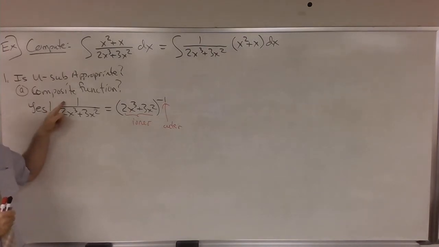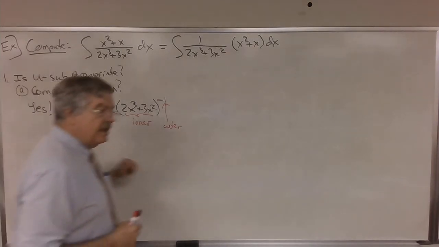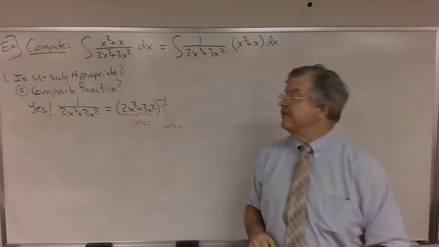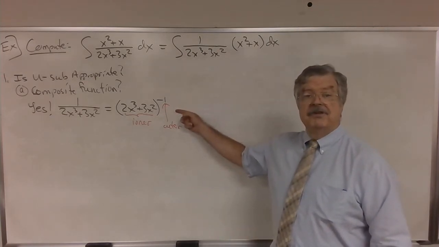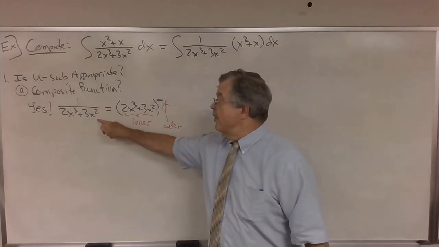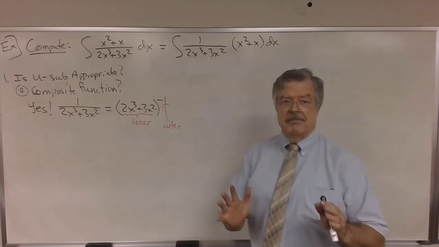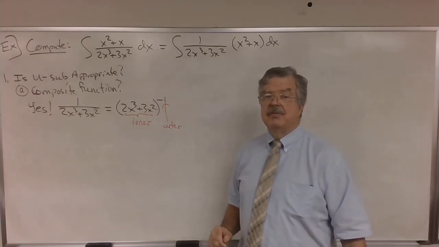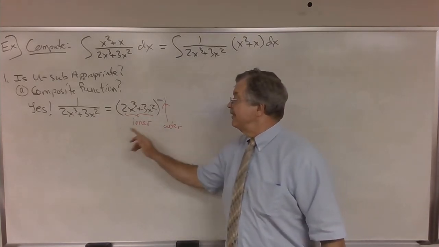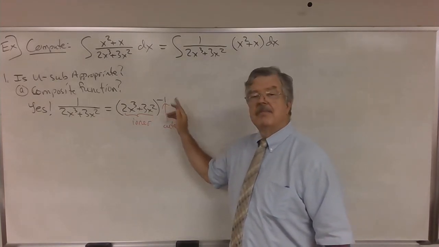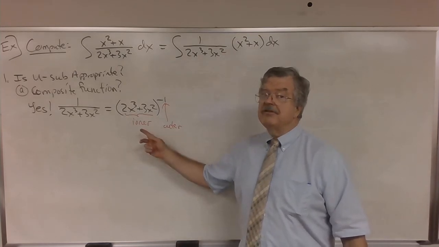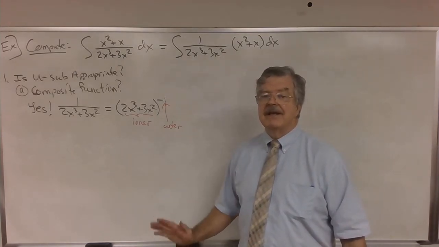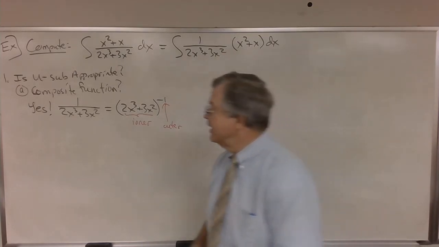And this is worth remembering. Anytime we have 1 over a function, that's a composite function. Now, we didn't really know that before, but we see it now. 1 over a function is a composite function. And our reasoning on that is we can rewrite it as the function raised to the -1 power. It's a function raised to a power, so it is a composite function.